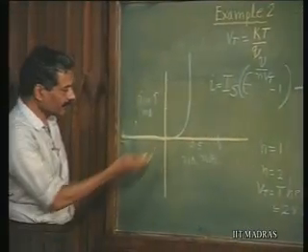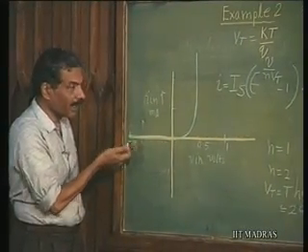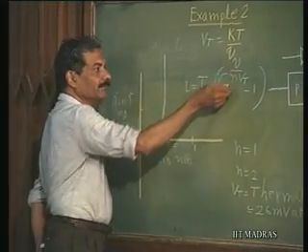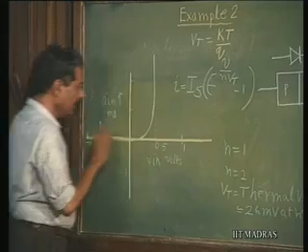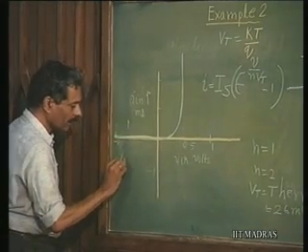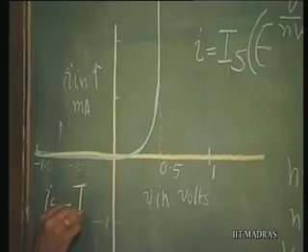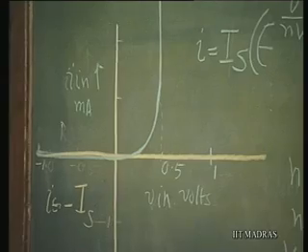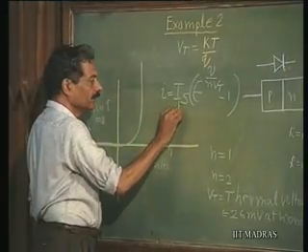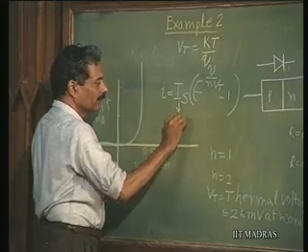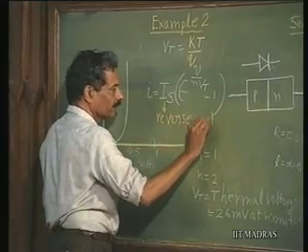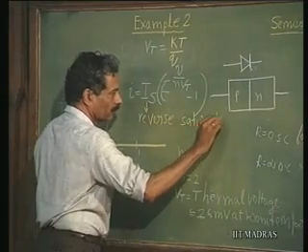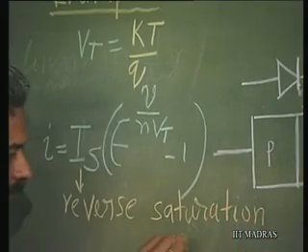If it is large, then this quantity becomes very small, goes towards 0, and the current becomes approximately equal to minus Is in this region, becoming constant. This is therefore called reverse saturation current.